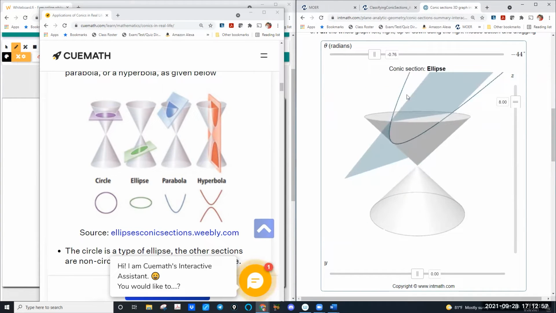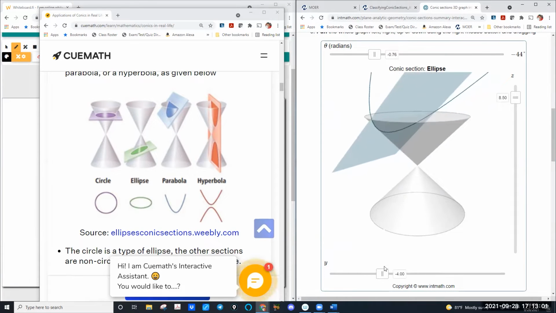Should be that one right there. But the parabola also comes from cutting a cone at an angle. All right, a little bit steeper angle than the ellipse, not quite as steep an angle as the hyperbola.